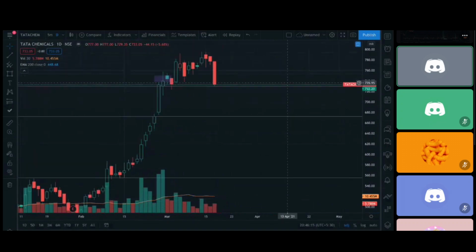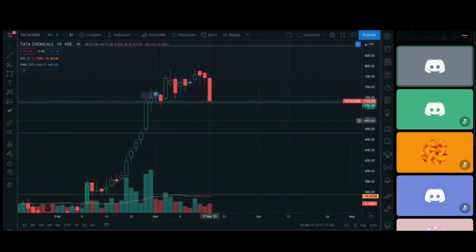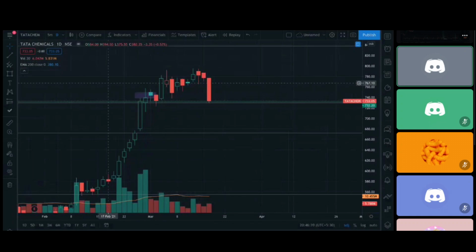I hope the green line is visible. This is the daily time frame, so the trade that we're going to take is an intraday trade, because the analysis is on a daily time frame. You can go long with the stop loss at 728, and you can aim for 750 from here as the next target.